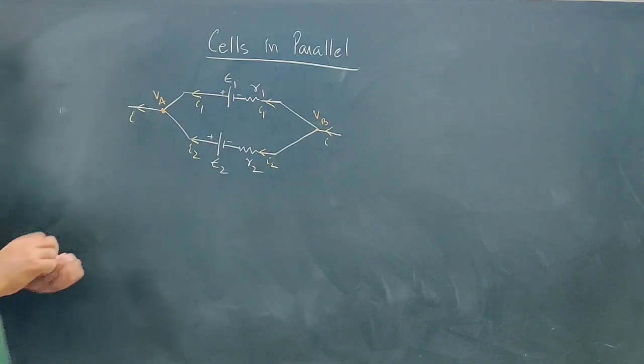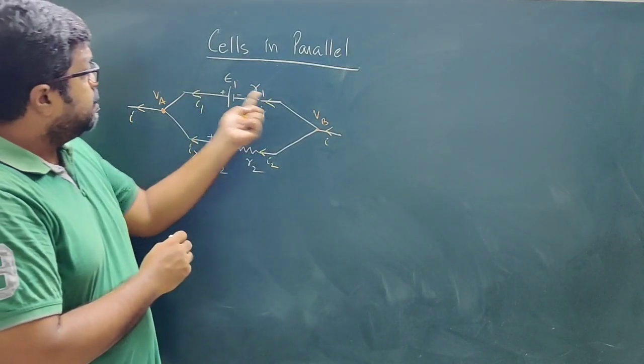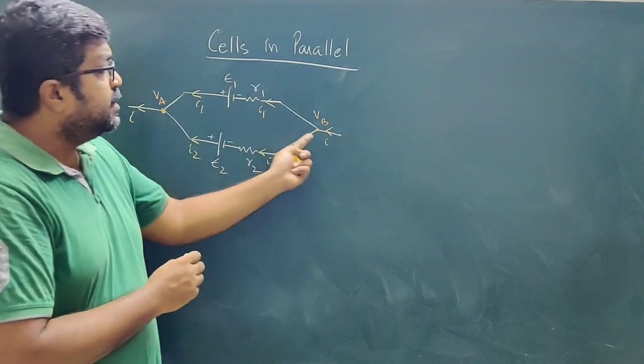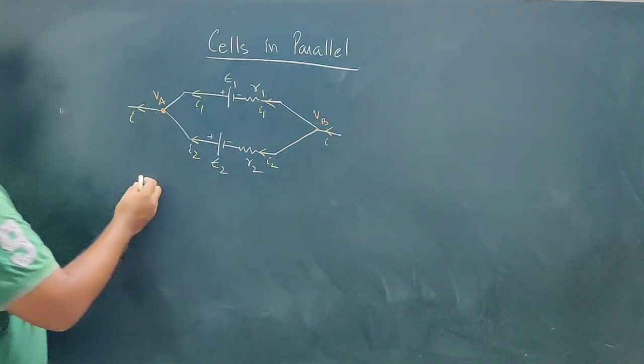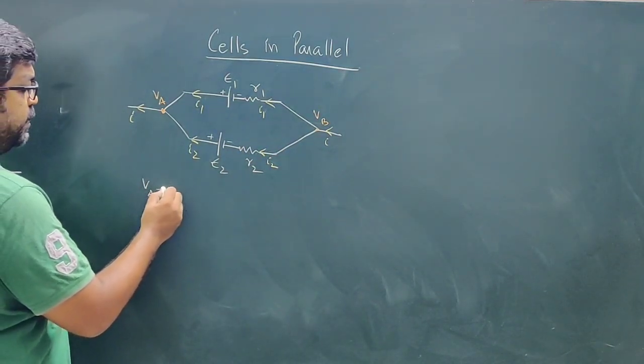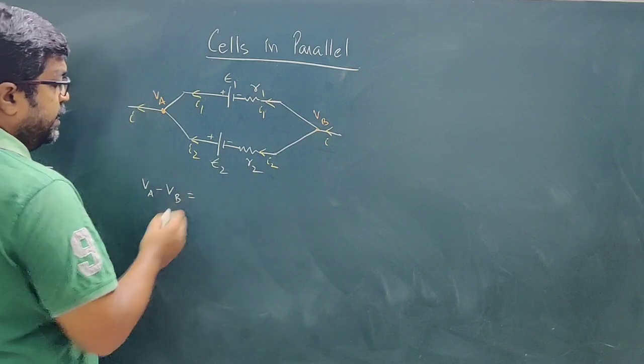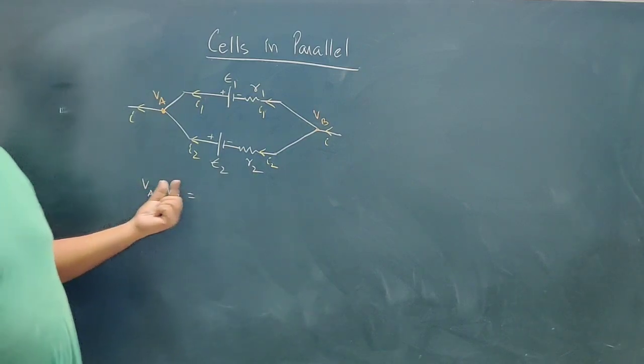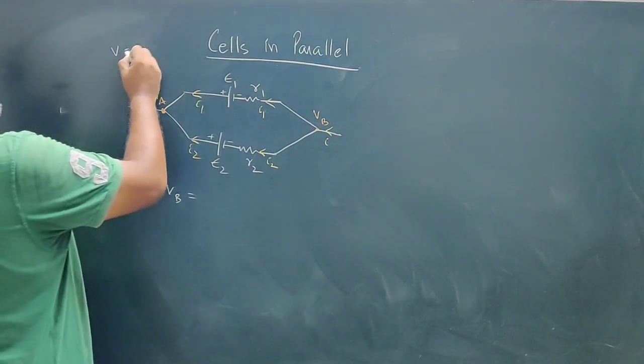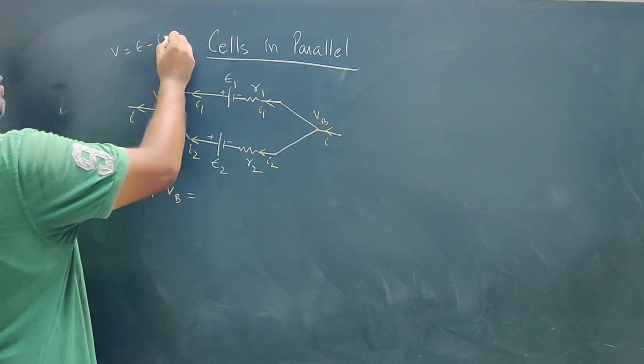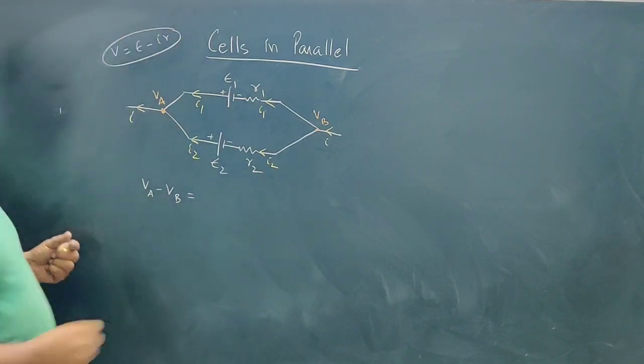Achha. Now for this path, we can write the equation for VA minus VB, the terminal potential difference, which is equal to EMF minus current into internal resistance. This is the basic equation.